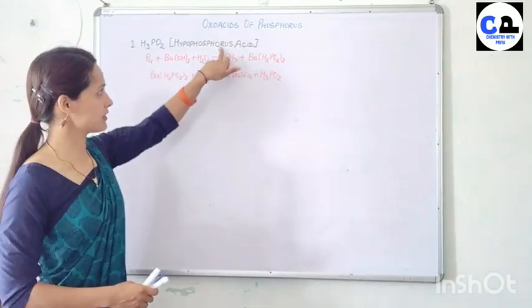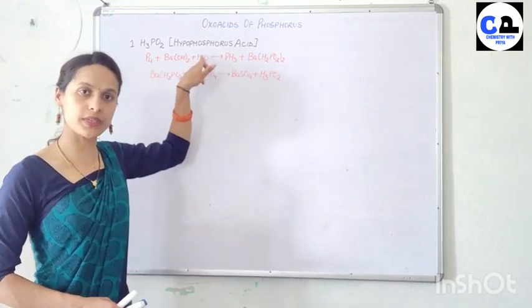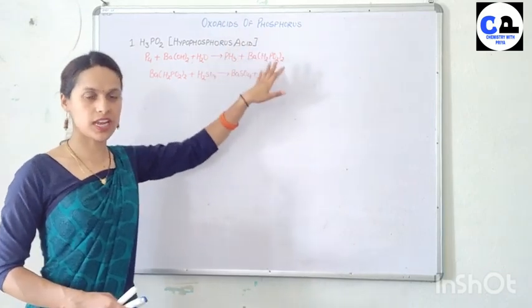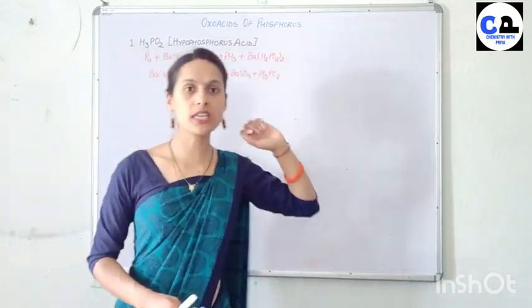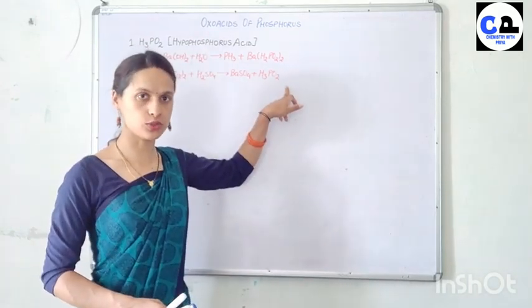So hypophosphorous acid is prepared by treating white phosphorus with the aqueous solution of barium hydroxide, and then the byproduct of this reaction on treating with H2SO4 gives BaSO4 and H3PO2.